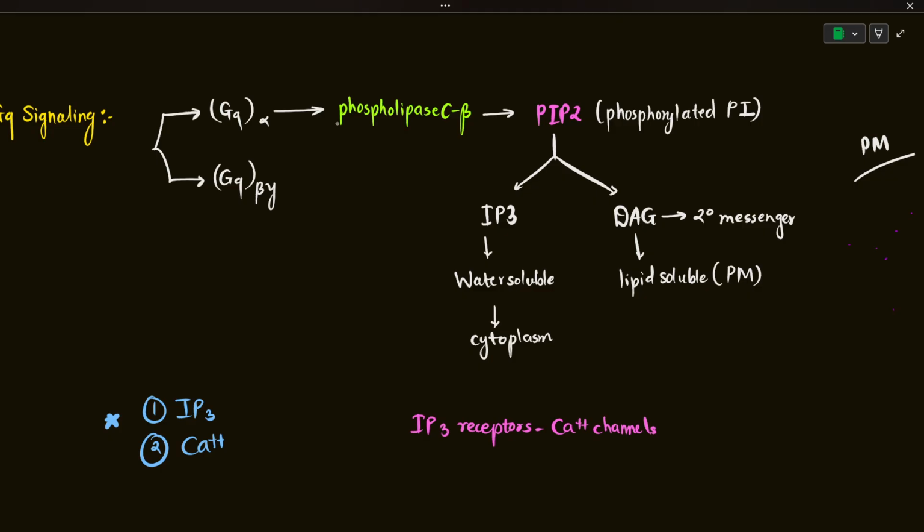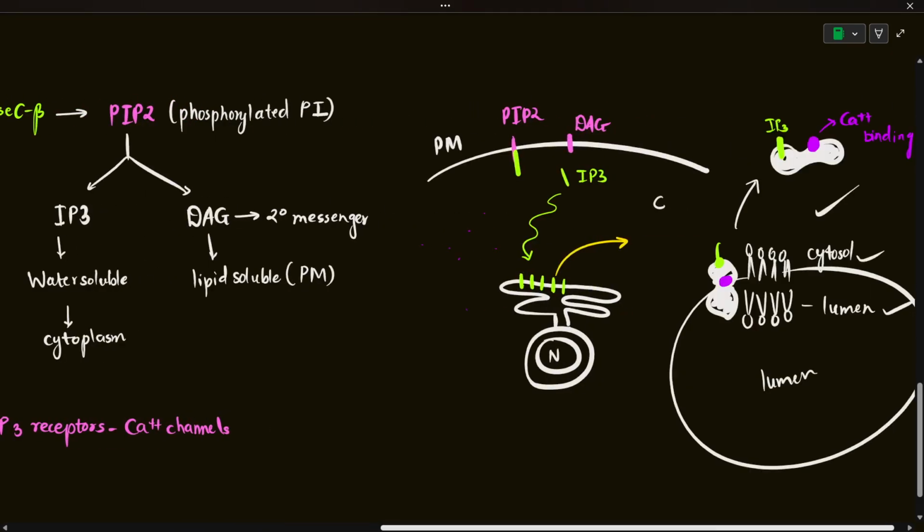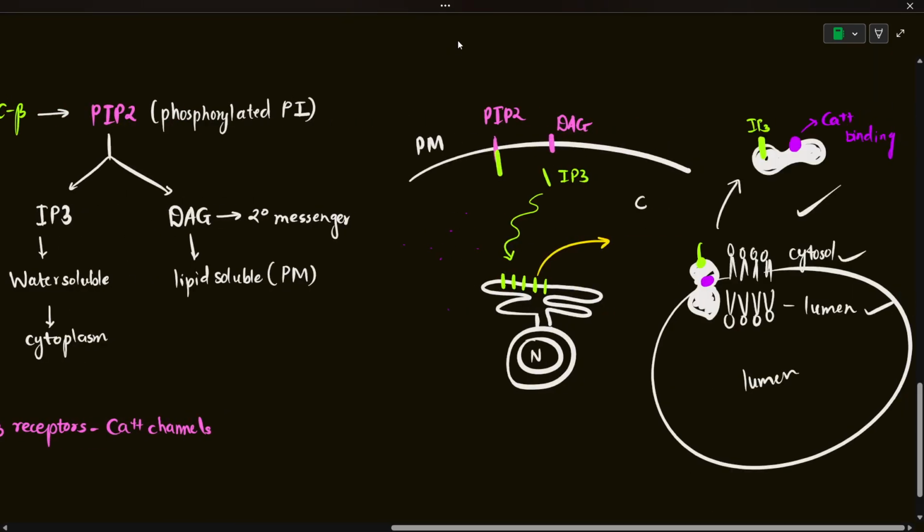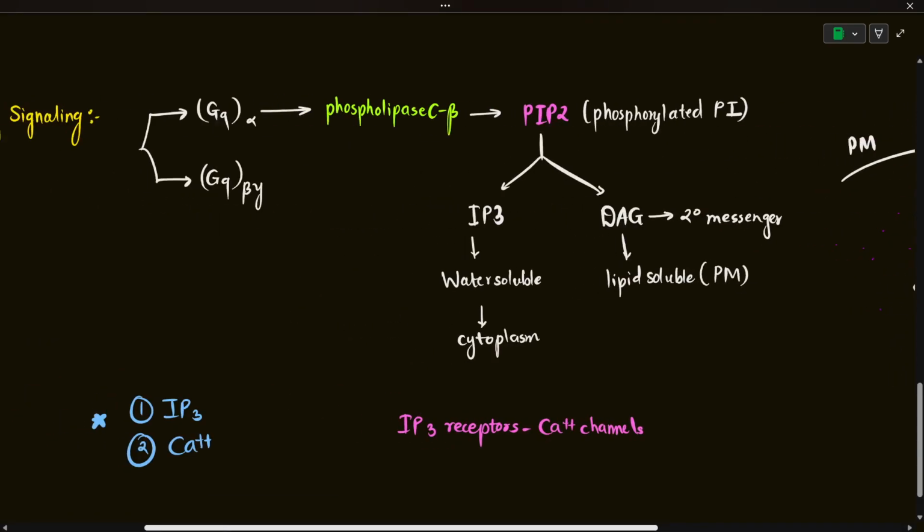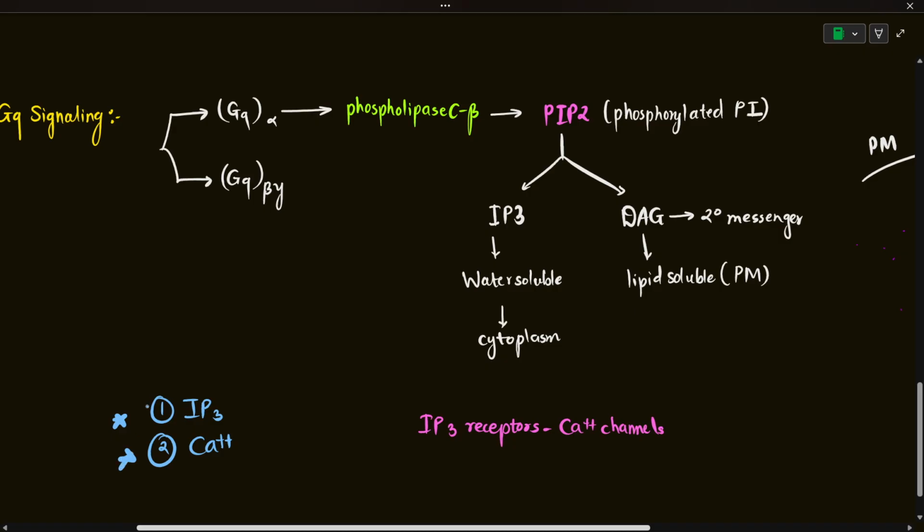When both IP3 and calcium are bound to this channel, and both of those conditions are fulfilled, only then will these IP3 receptor calcium ion channels open.